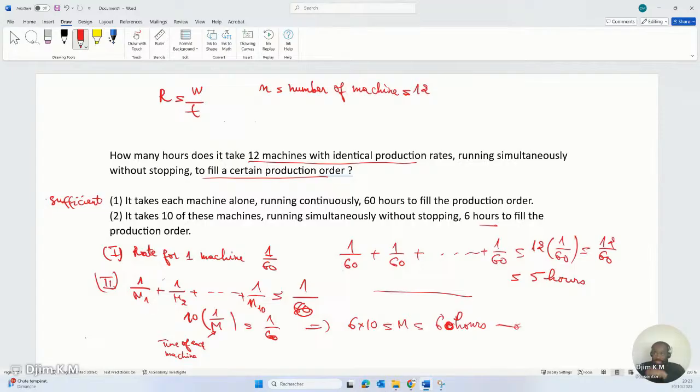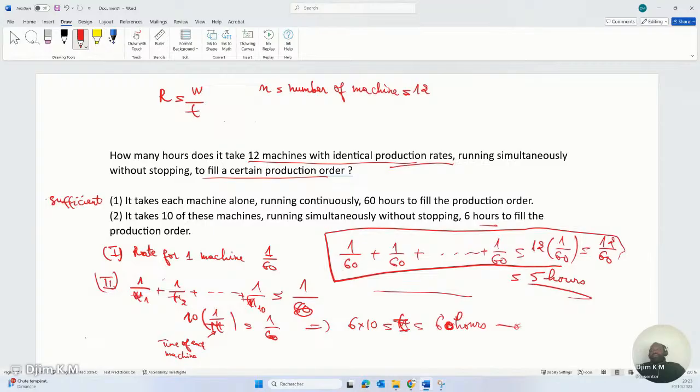Like I said, the time of each machine is M here, or we could call it T. So if T is equal to 60, and they have the same rate, then if one machine is taking 60, what about 12 machines? It will bring us back to this equation here, and then we'll find 5 hours. So this is also sufficient.